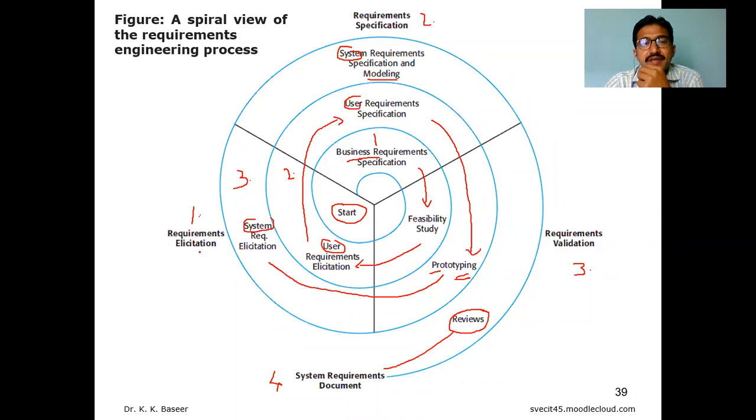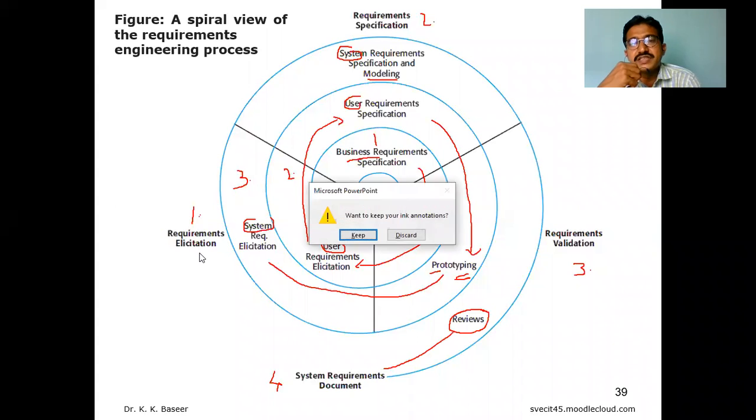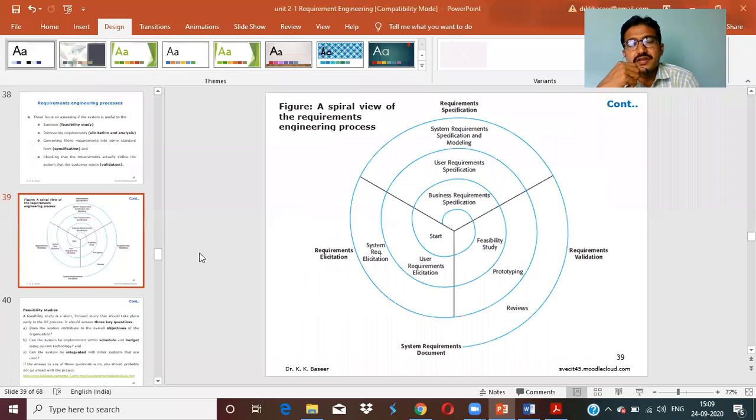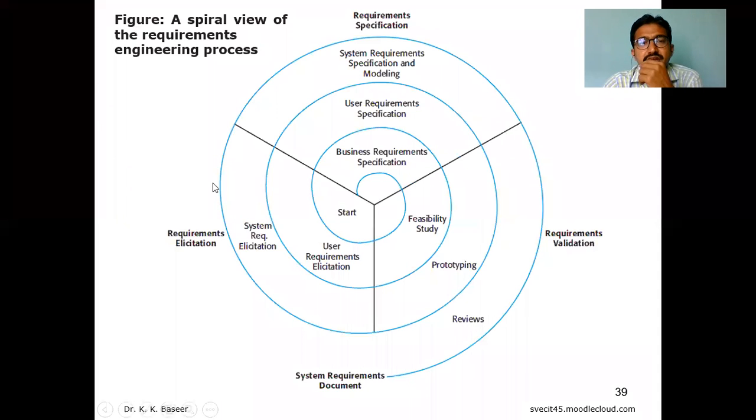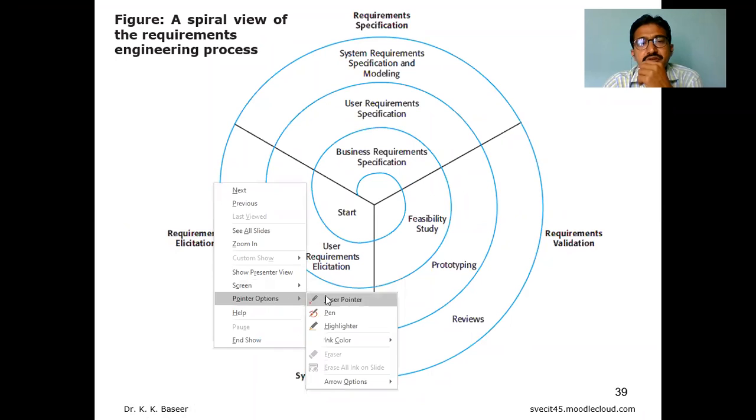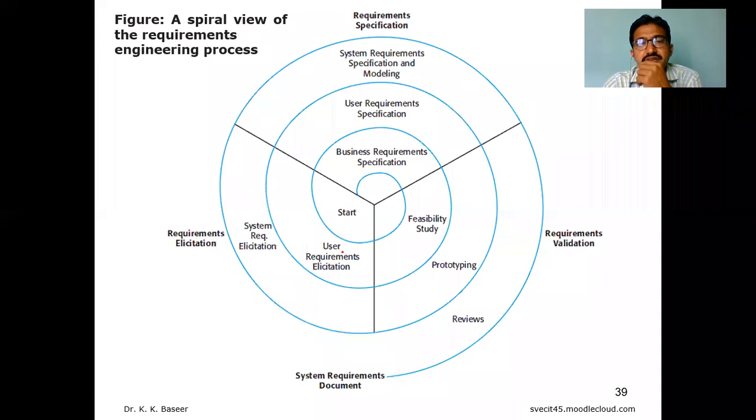So if you see the figure clearly, the user elicitation and system requirement elicitation come under the first phase, called requirement elicitation.